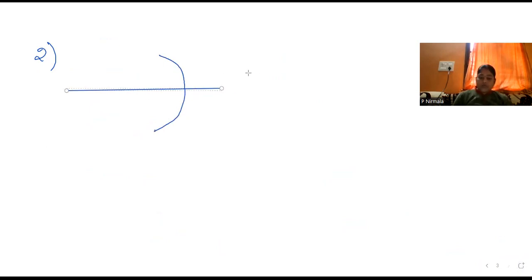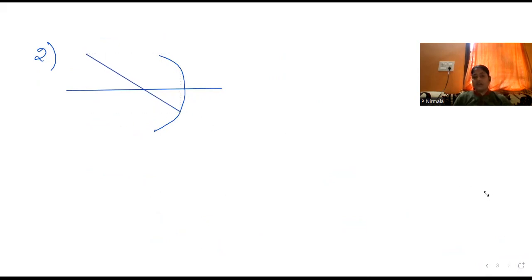The second case is the representation of a spherical mirror using ray diagrams. So now the ray is not incident directly to the mirror. The ray is passing through the focus point and incident to the mirror.